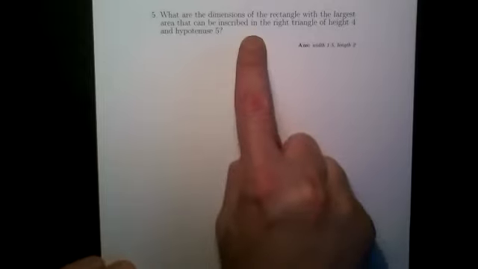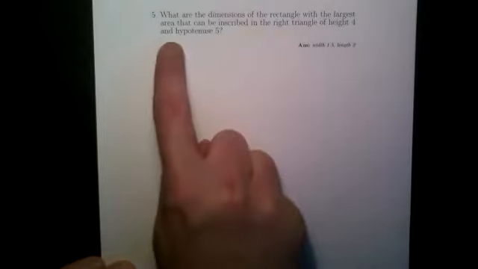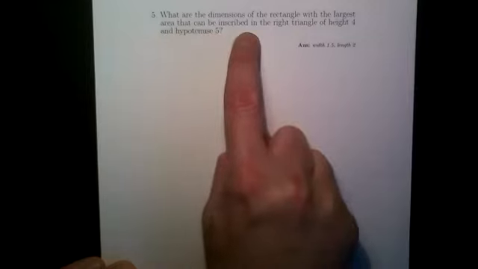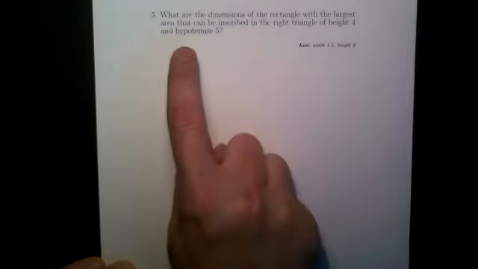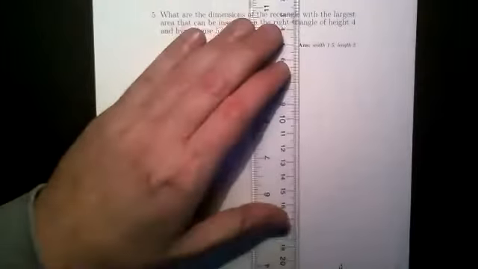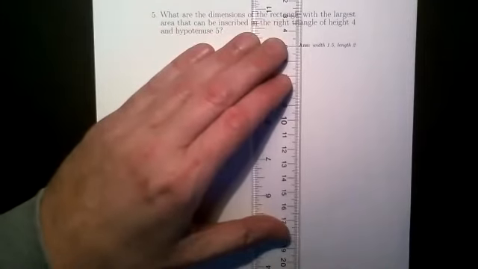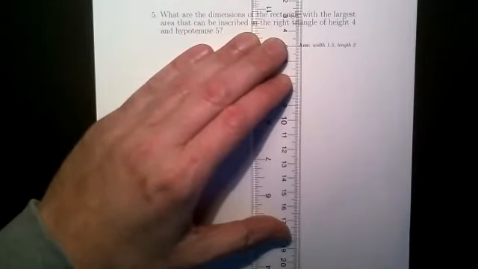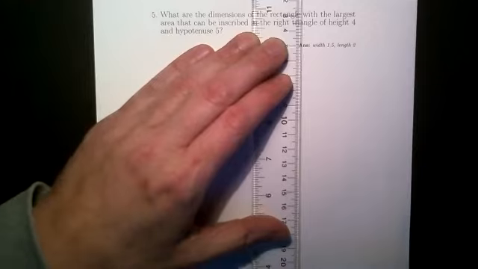What are the dimensions of a rectangle with the largest area that could be inscribed in a right triangle of height 4 and hypotenuse 5? So I have a right triangle. I want to be able to fit the maximum rectangle inside. So if I'm to represent the situation, like this.